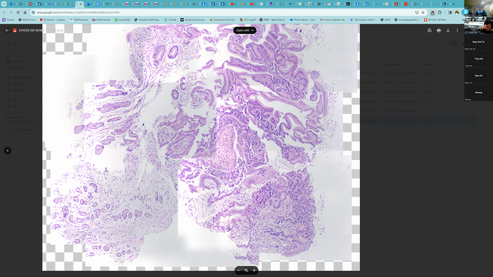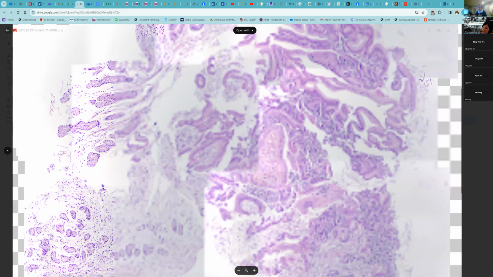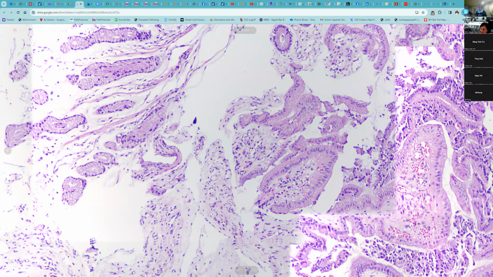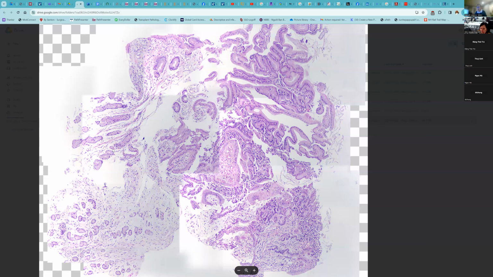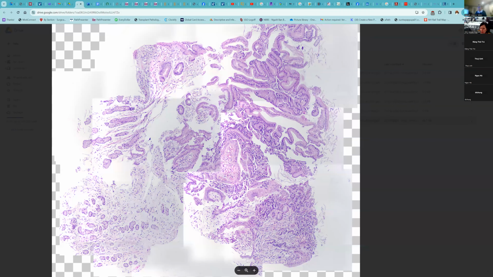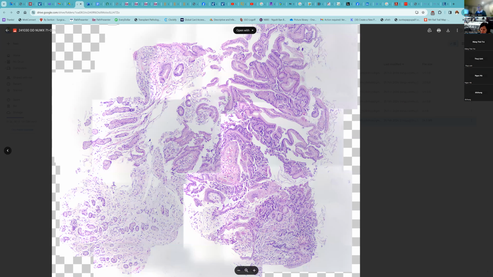So the only smooth muscle that I see here are just these few strands that are more vertical strands rather than a horizontal strand. So I think we're still above the muscularis mucosa with this polyp. And we have this sort of reactive change in the smooth muscle that is drawing the tissue upward.